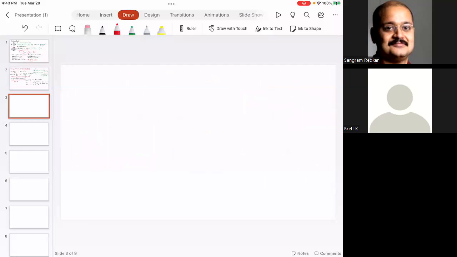And step number 2 is finding dynamic load.